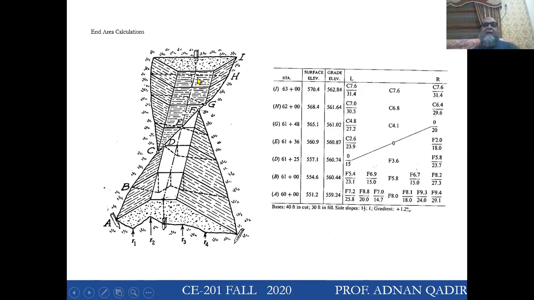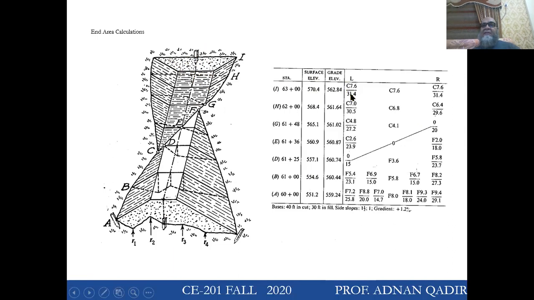Here at this point you can see this is a cut section because the surface elevation is 570.4. The peg is here and you have to go around say 8 feet to get the grade elevation. So this is grade elevation.